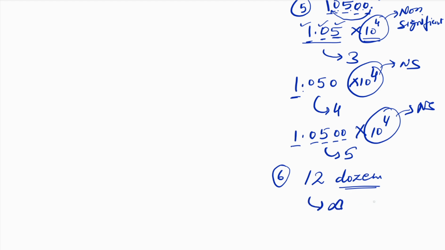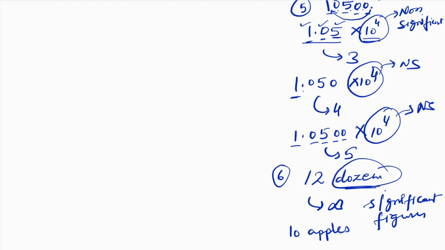If a certain number is written and after the number a certain thing is named, like 10 apples, once again this is going to be infinite significant figures. 2 shoes is also infinite significant figures.